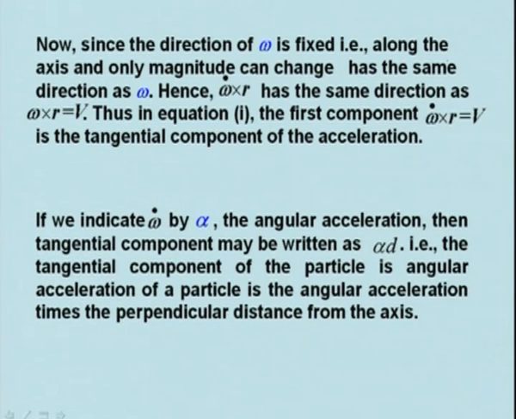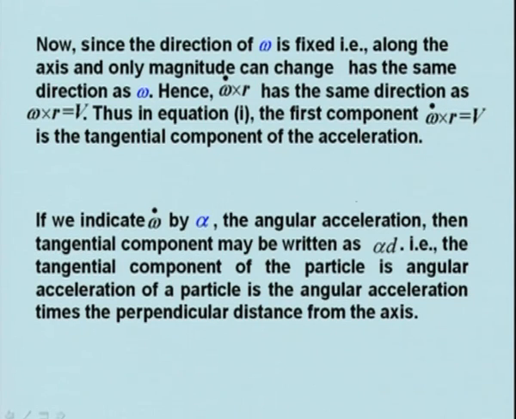If we indicate omega dot by alpha, the angular acceleration, then the tangential component may be written as alpha times d.